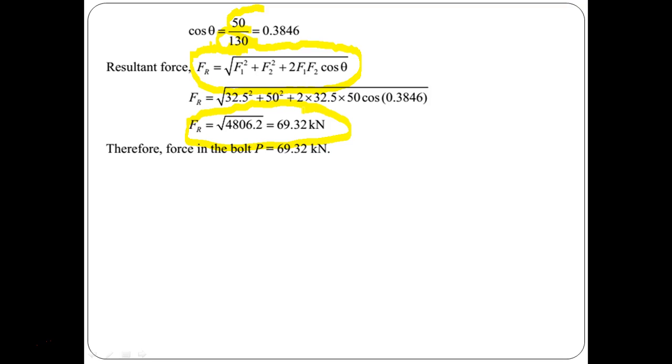If we look at the calculations again, we have to calculate the force due to load, the force due to moment, and then the particular angle cos theta.